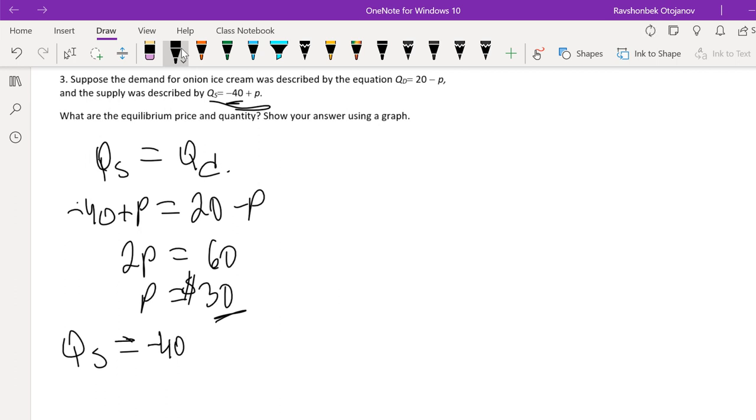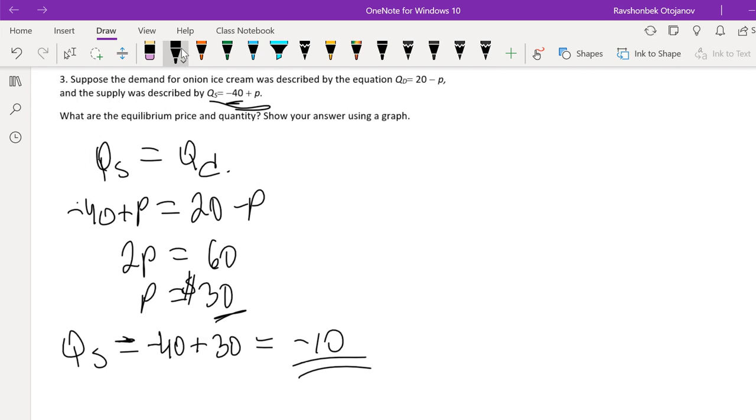It's negative 40 plus 30, so quantity is negative 10. That is weird, isn't it? Basically, at this price nothing is sold, because you can't really unsell products.